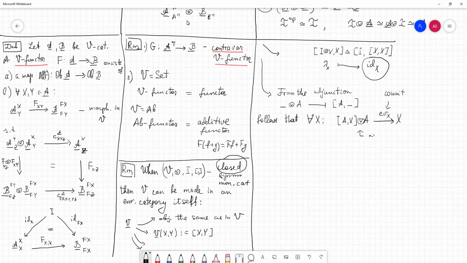And this is a natural transformation. This whole thing is a natural transformation.